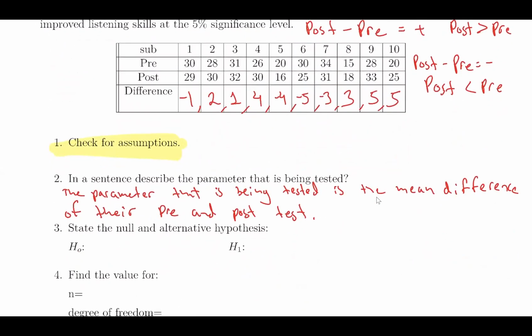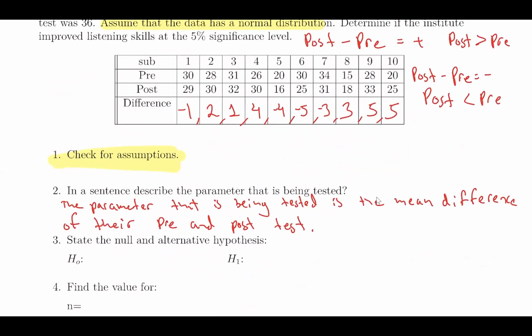All right. So let's do the null and alternate hypothesis. For the null hypothesis, you say mu of d bar is equal to 0. The null hypothesis should always be that. There should never be anything other than a 0 next to mu of d bar. For the alternate hypothesis, you'll say mu of d bar is greater than 0.